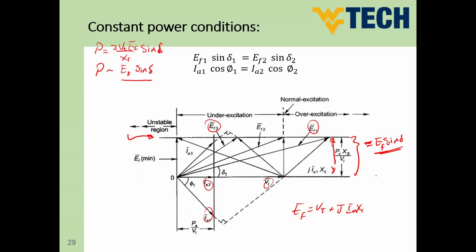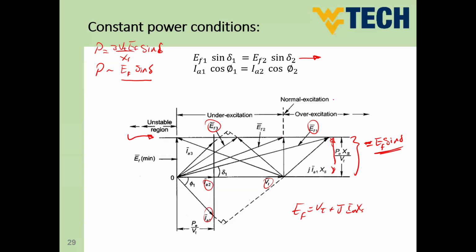So if you have a generator controlled in order to provide constant power, you can say now EF1 sine delta 1 equals EF2 sine delta 2 equals EF3 sine delta 3 and so on. So this is the first condition of the constant power. If you compare two cases, we can say first case EF sine delta equals second case EF sine delta.